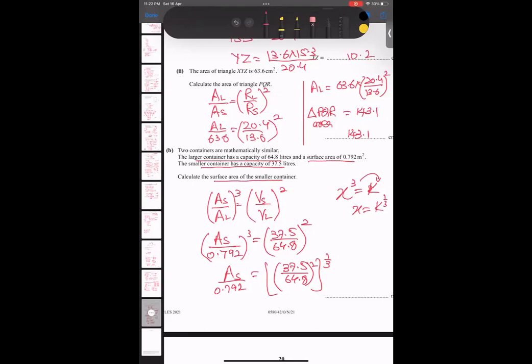So let me check again: 37.5 divided by 64.8, power 2 of that, then power 1 divided by 3, and I got 25 over 36. Now I'm multiplying with 0.792. If I multiply the right-hand side, the area of the small becomes 0.55.